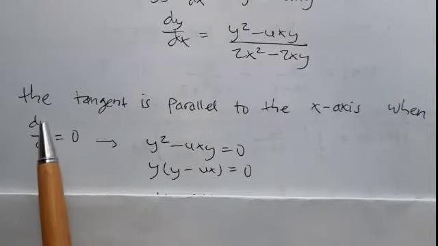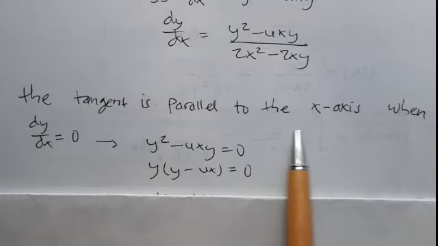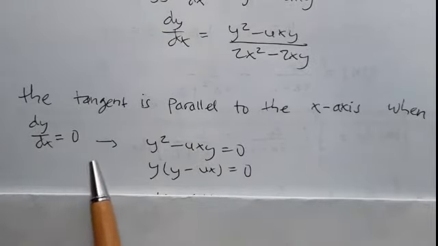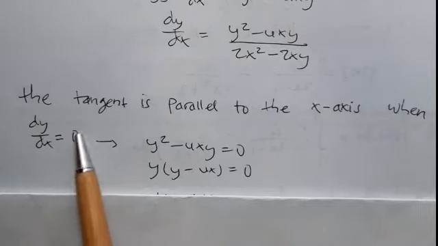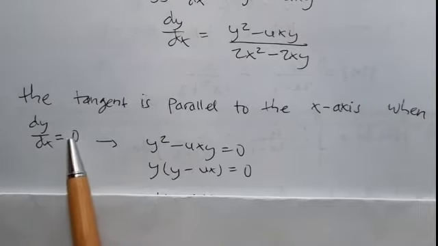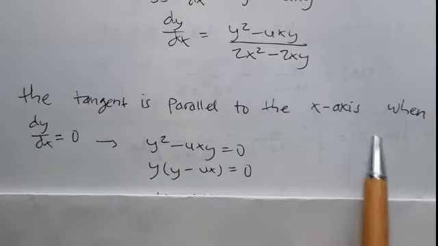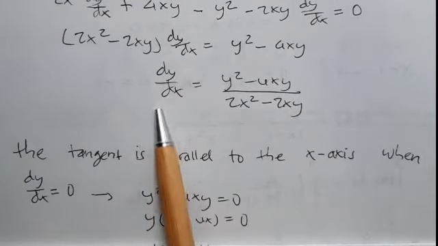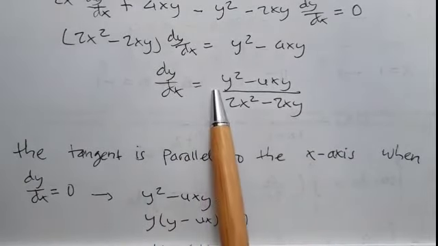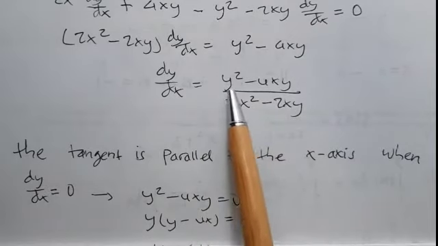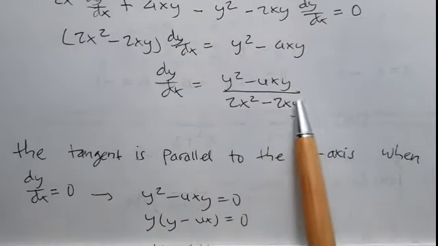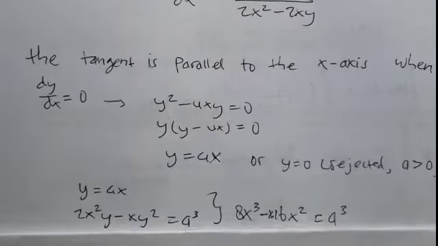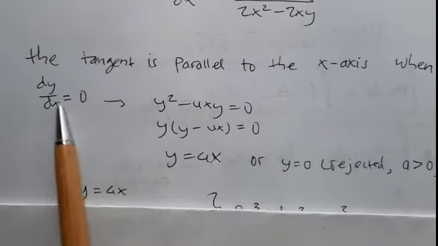Now the tangent is parallel to the x-axis when dy/dx is 0, meaning the slope of the tangent line is 0. Thus dy/dx equals 0 means this part will be 0, because if a fraction is 0, the numerator is 0, the denominator cannot be 0.